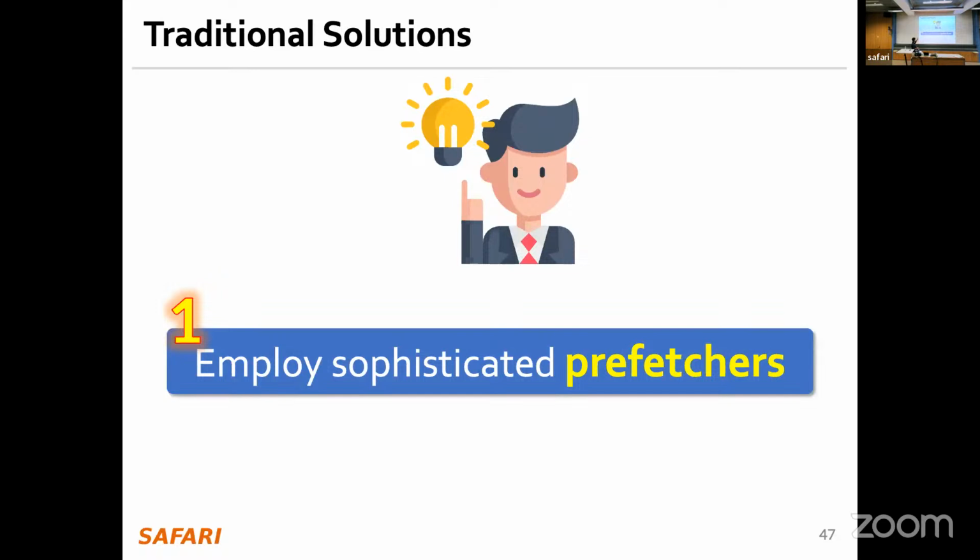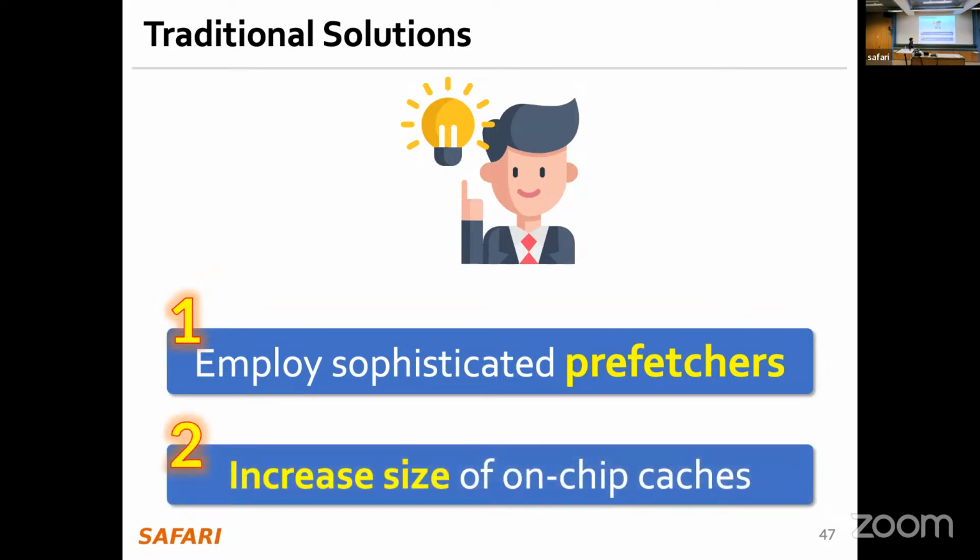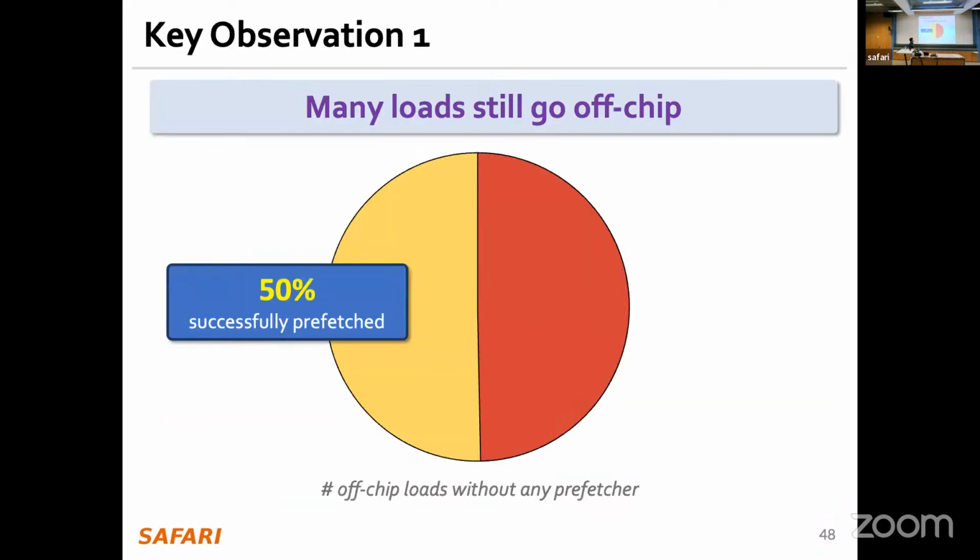We deploy sophisticated prefetchers solely for this purpose, so that when the data is required, it does not have to go off chip. And we also have large on-chip caches, and we are increasing those on-chip cache sizes too. I'm going to show you what the trend looks like, how processors have traditionally increased cache sizes and what effect that has on memory access latency.